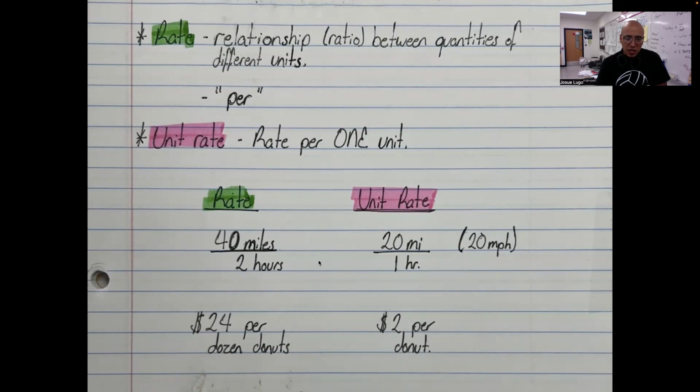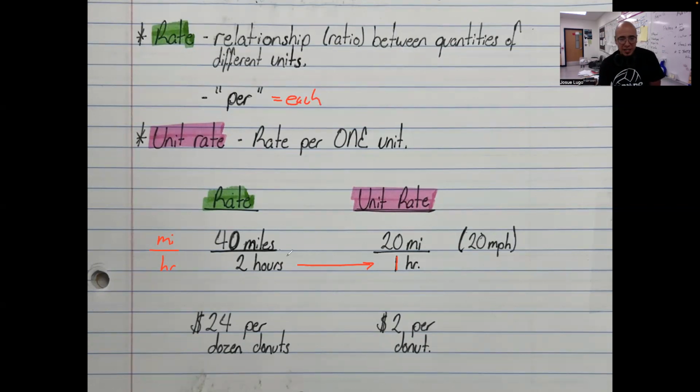In fact, we know that if it's 40 miles for every 2 hours, we are indeed comparing miles, which is a unit of distance, and hours, which is a unit of time. So we have 40 miles every 2 hours, but if we want to know the miles per hour or miles for each hour, the word per can also be translated as each. So again, it's 1 hour. We have to ask ourselves, what do we have to do?